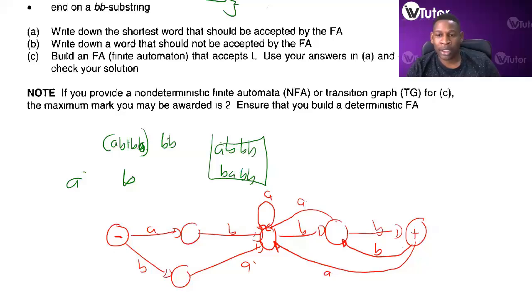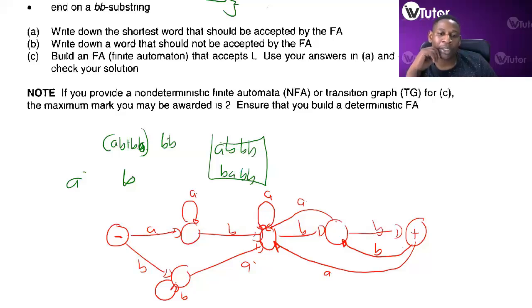We've got an A and a B going out of each state, so we should be fine there. If you encounter as many A's as you want, you can still sit here, it's fine. And then if you were to have, for example, a lot of B's, you can do that there.